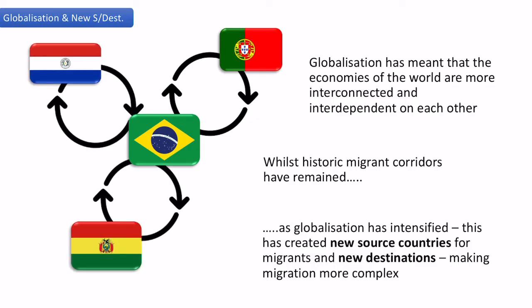And Brazil could be an example of that, where even though it has that historic connection with Portugal, as its industry has grown, it has become a destination for nearby countries like Paraguay and Bolivia, and those will therefore become source countries, and Brazil will become the new destination country.